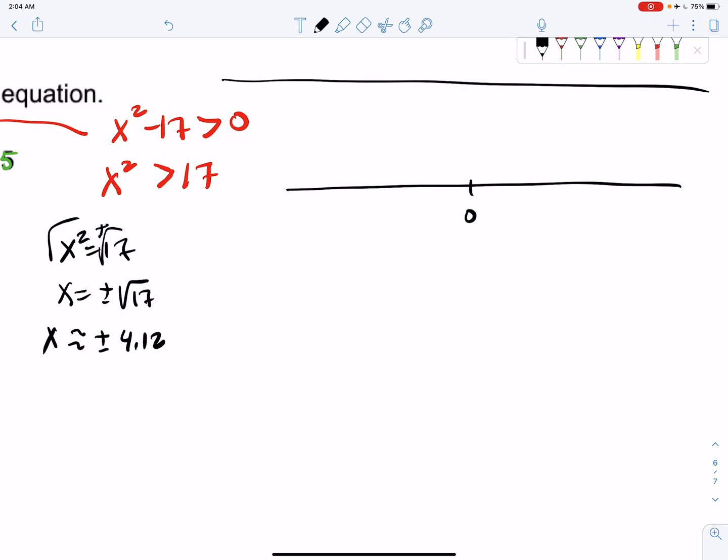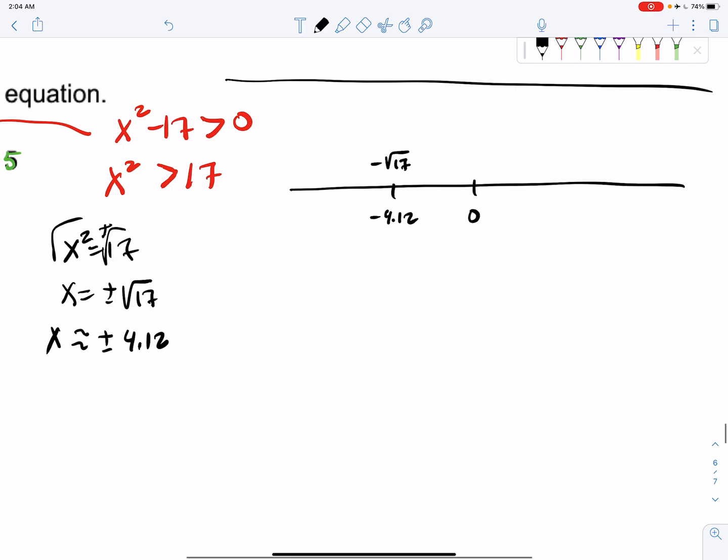So yeah, this is more than we bargained for. We've got this negative 4.12. The actual exact answer is negative square root of 17, and we've got its positive version over here, square root of 17, about 4.12. So it must be greater than, so these guys must be open. And then we just go ahead and run our test points.